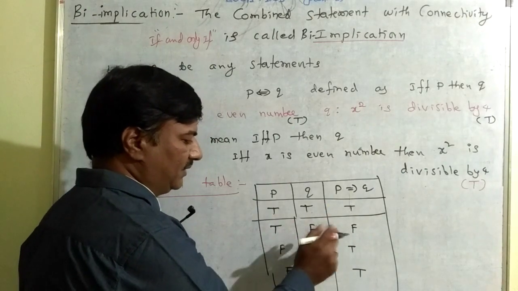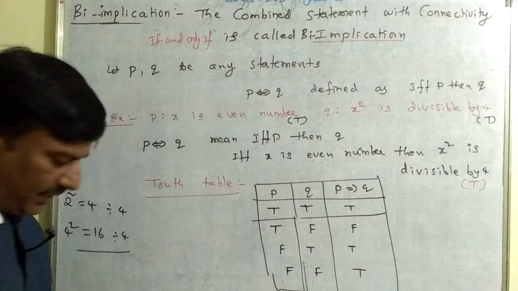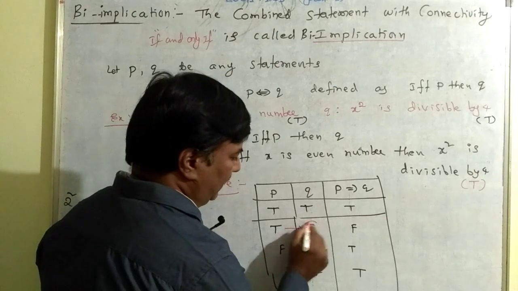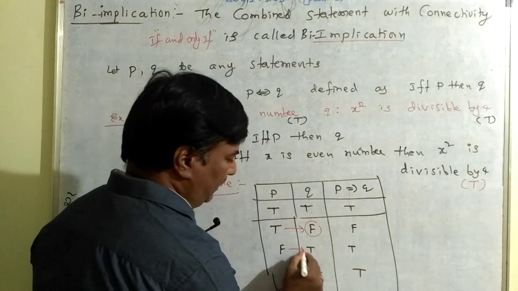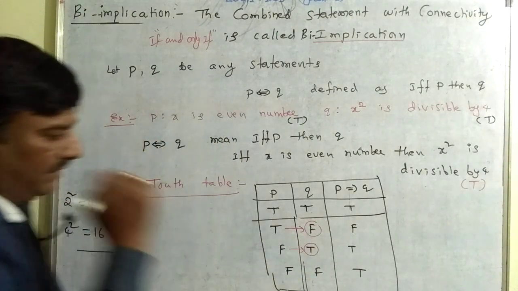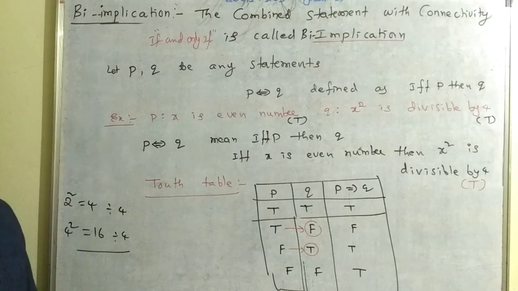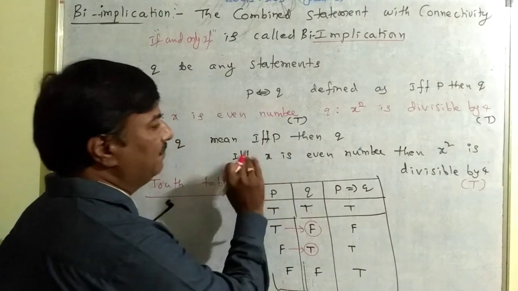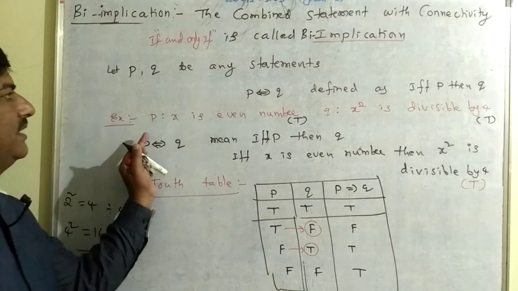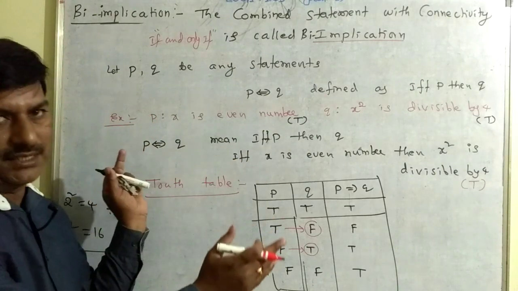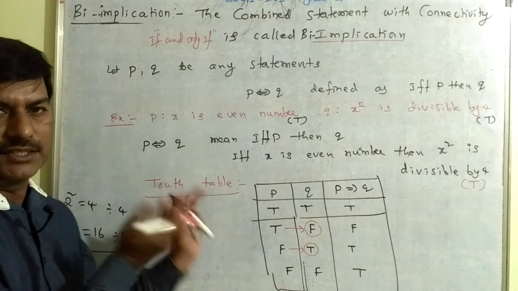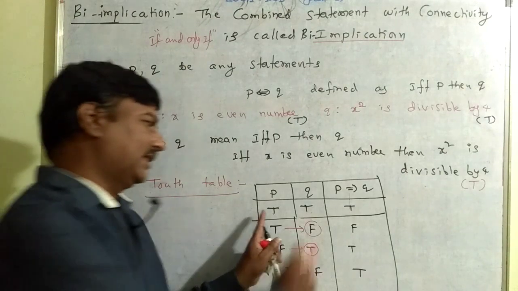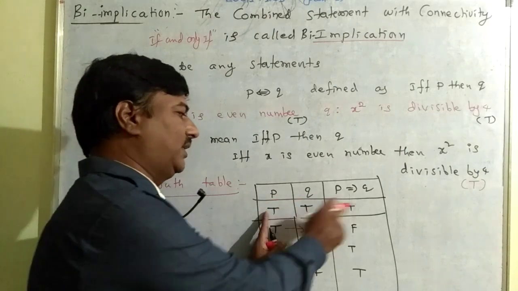And this is nothing but the double-headed arrow, and this is the final result we are getting in this case. That means biimplication happens from LHS to RHS and RHS to LHS, both cases. Consider here, LHS to RHS is true.